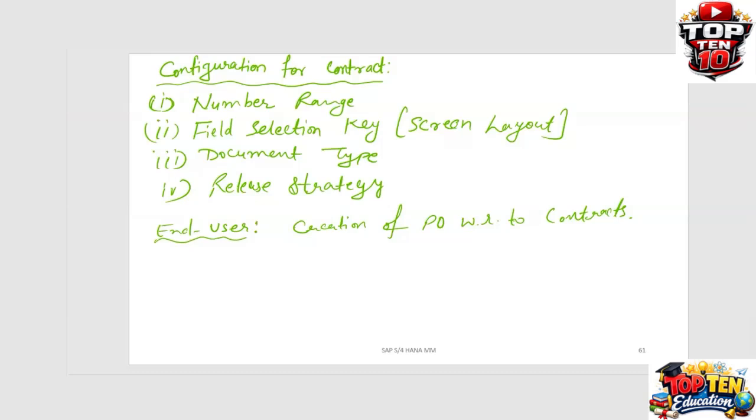then go to define document types. Define MK. Select MK, copy as ZA MK. Change the description, ZA quantity contract, just to remember.